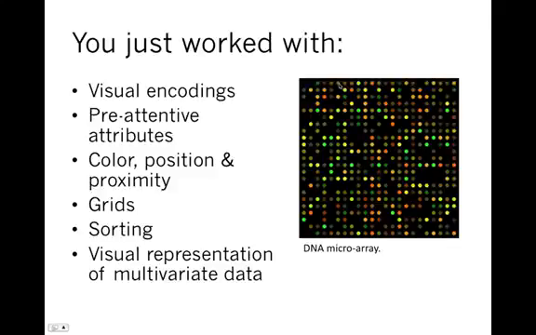We've also looked at color, position, and proximity. Proximity will help us group things. We've looked at grids, which also helped us group things. We've looked at sorting. We've also looked at visual representation of multivariate data, meaning that the data set has many variables, and we map each of the variables to a particular visual property.